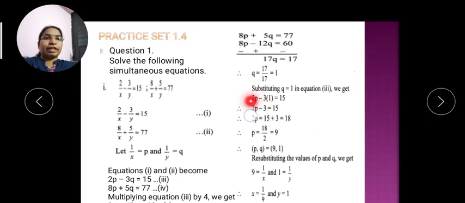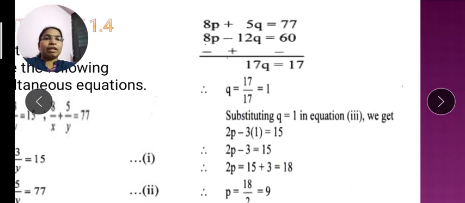After subtracting, what will you get? Equation 5 minus 4, you will get 17q, because 5q, this minus becomes plus, and this is also minus 12. So 5 plus 12, that is 17q is equal to 17, and therefore q is equal to 17 divided by 17, which is equal to 1. So now you have the value of q.